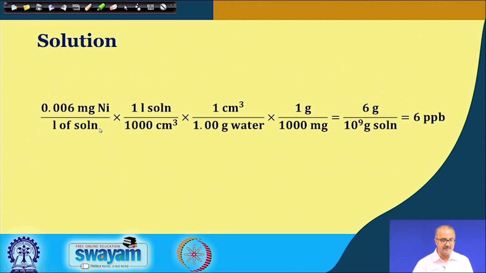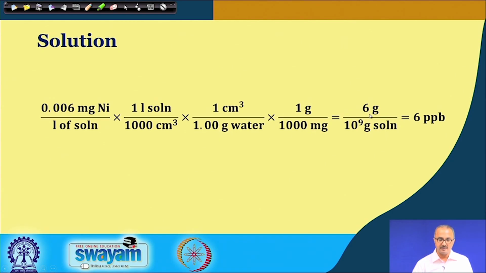So, we simply write this many milligrams per liter of solution, this is liter L. Okay. So, 1 liter solution is 1000 cubic centimeter, and then we have converted into cubic centimeter, and then we are just dividing by the density of water to get how much gram it is coming to per gram of water, and then 1 gram is 1000 milligram.